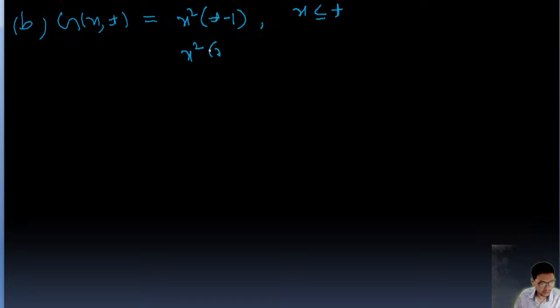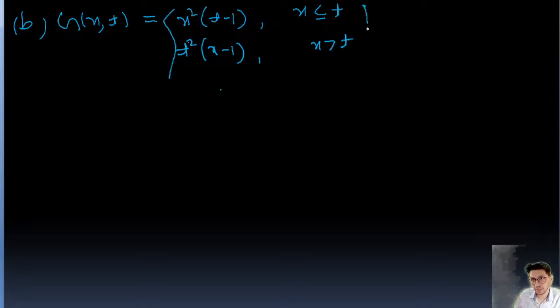So this is x squared, t minus 1, and x for x less than t. And this is t squared, guys, t squared, which is x minus 1, and this is for x greater than or equal to t.